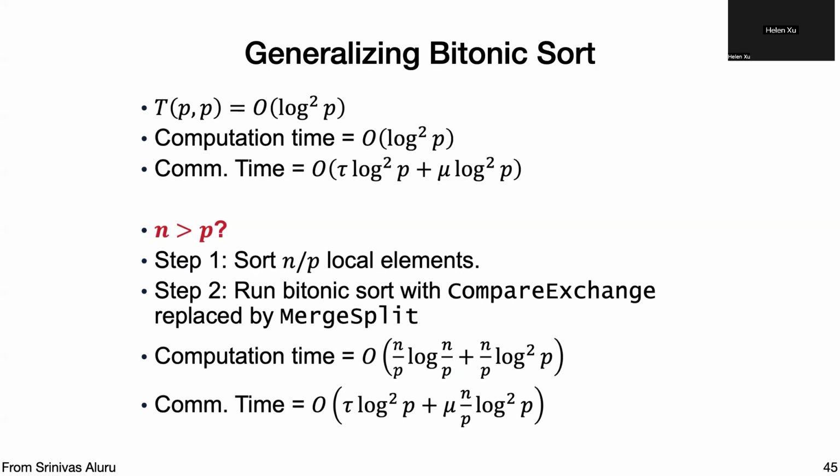So you have order log squared p levels, and each of those has tau, which is one level of latency, plus mu, because everybody is exchanging one number. There are n over 2 numbers exchanged, but they all happen in parallel, and none of them conflict with each other. So that's why it's just mu, because there's no serialization.